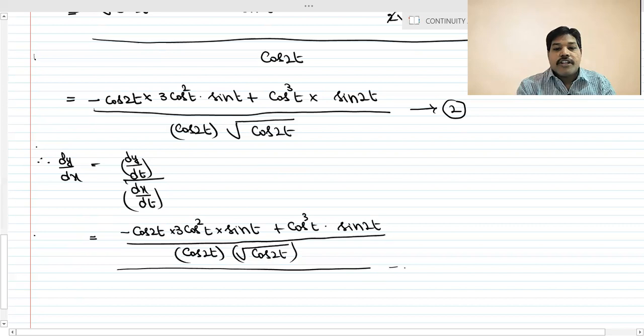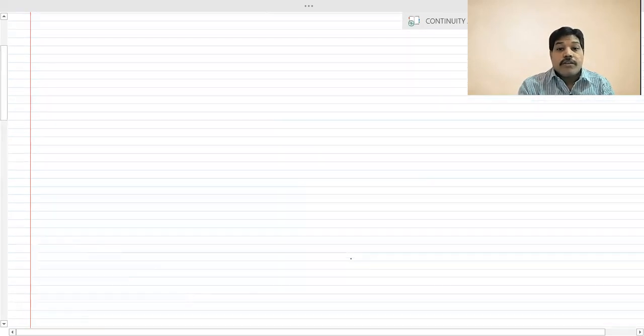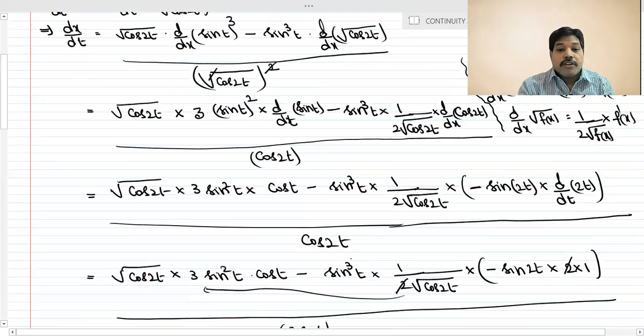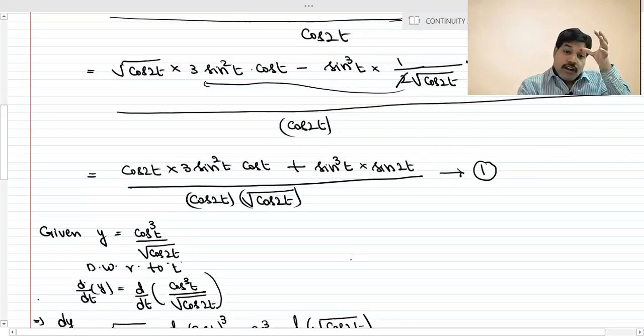What is the dx by dt? See that one carefully, students. What is the dx by dt value? So from the equation number 1, what is that dx by dt value? See that carefully. Cos 2t plus 3 sin square t cos t.